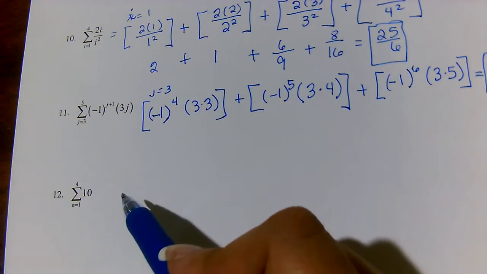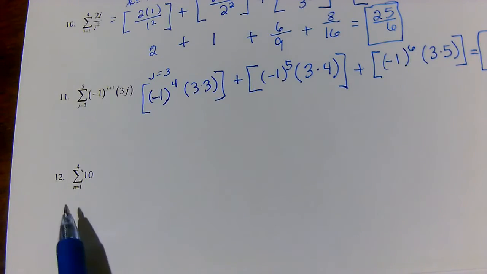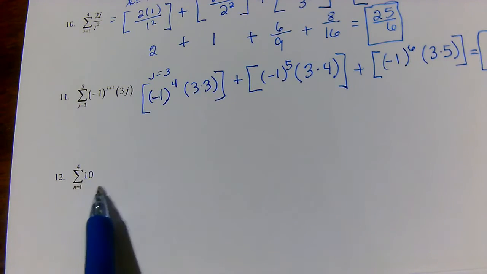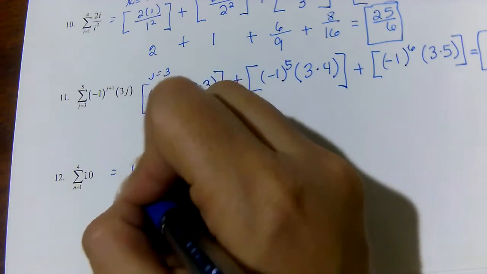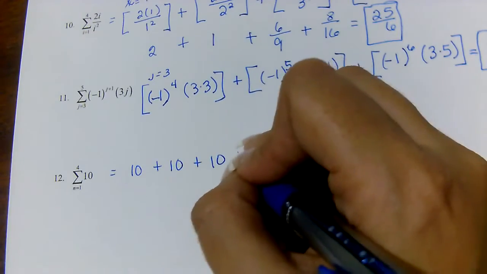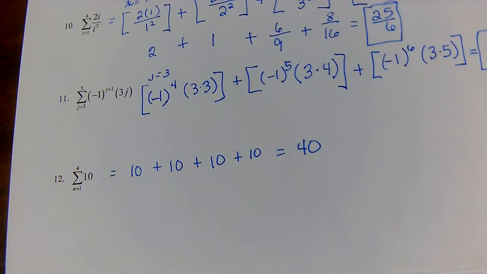All right, let's go ahead and go down here. Now notice in this case it says n is equal to 1 and it goes to 4, but there's no n anywhere in this constant. Well, that's because all you're doing is adding 10 4 times. Okay, that's all you're doing.